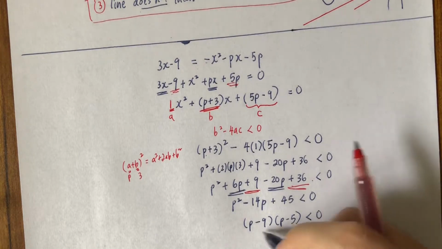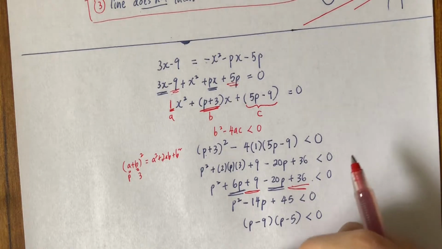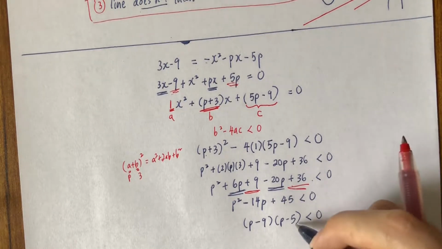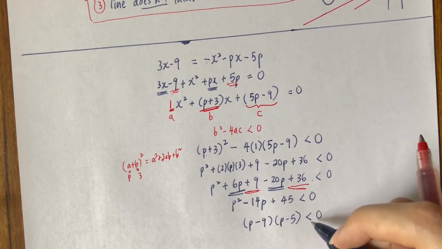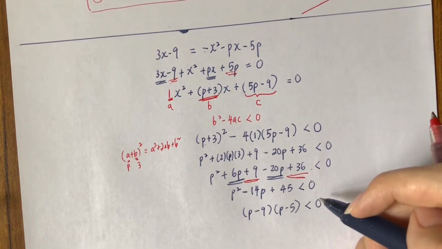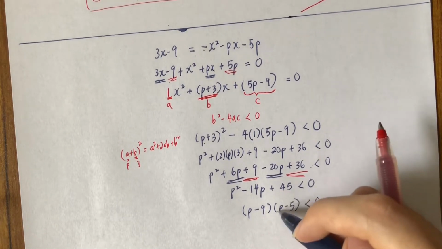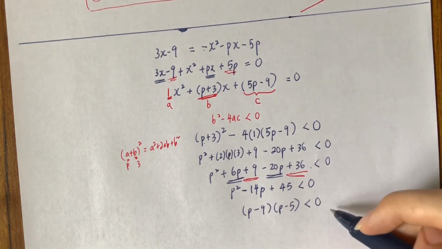Once you have this here, the next step is we want to sketch a simple graph for this expression so that we are able to find the range of p's where this whole graph is lesser than 0.